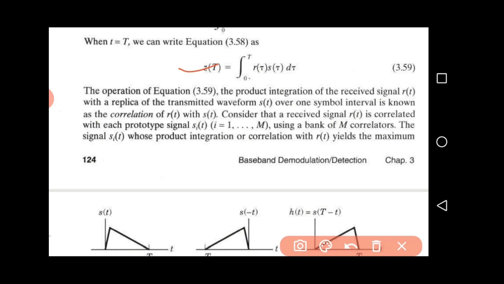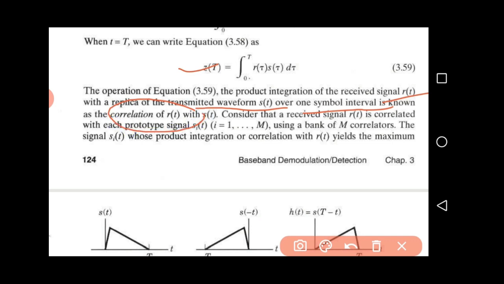This operation, the product integration of the received signal r(t) with the replica of the transmitter signal s(t) over one symbol interval, is known as the correlation of r(t) with s(t).